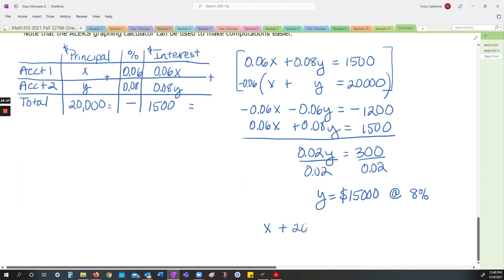So X plus 15,000, that's our Y, is equal to 20,000. And so we can now easily see that, subtract 15,000 from both sides, and we get $5,000. So $5,000 was invested at the 6% interest. And there we have it.